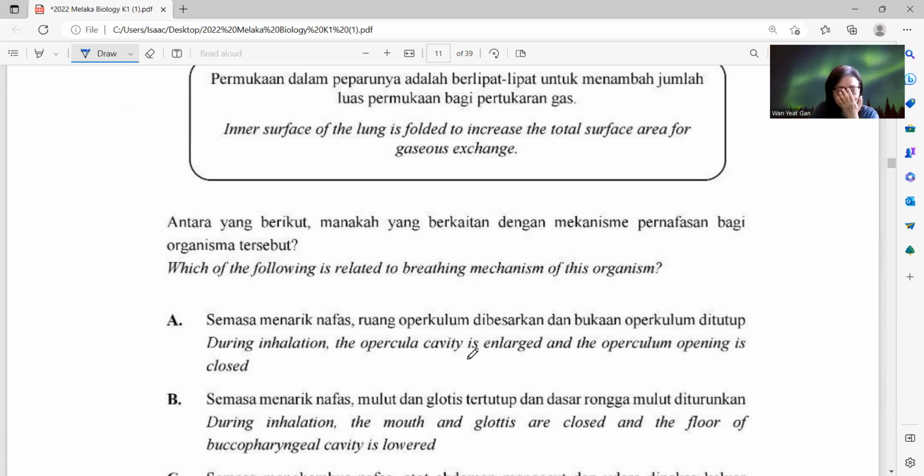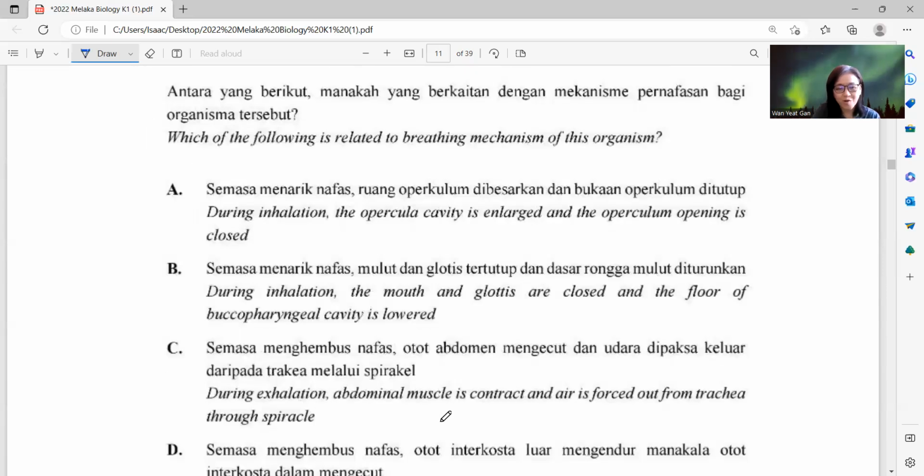The buccal cavity is lowered and the glottis will be closed. So the buccopharyngeal floor is lowered to increase the volume, so the pressure decreases. The higher pressure outside will then diffuse in during inhalation.